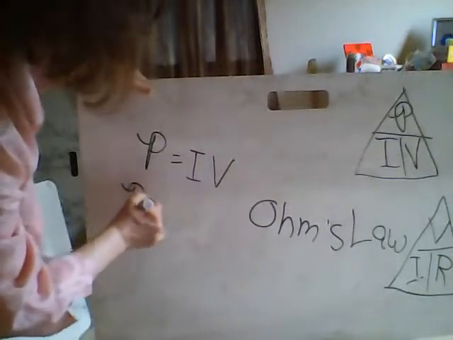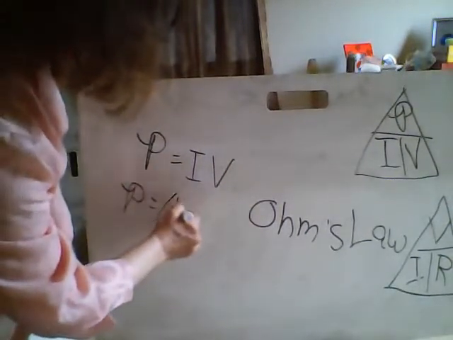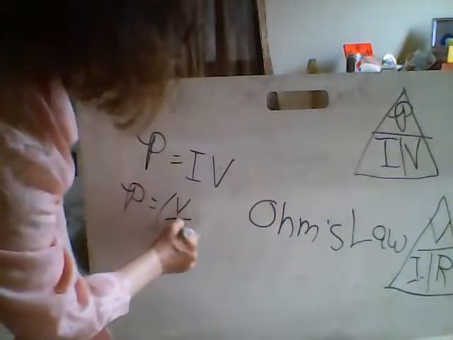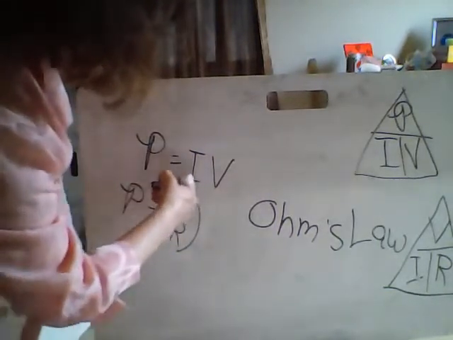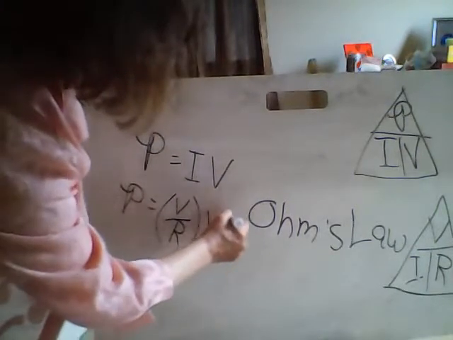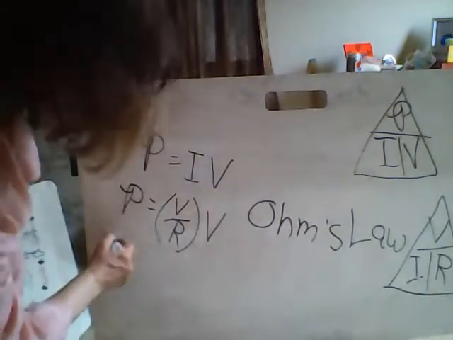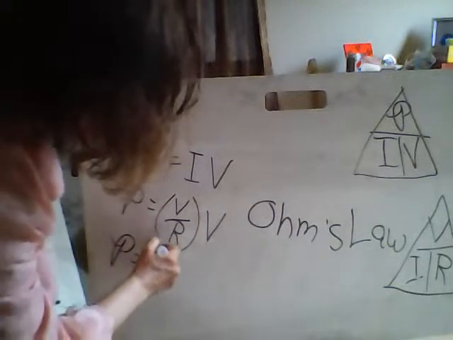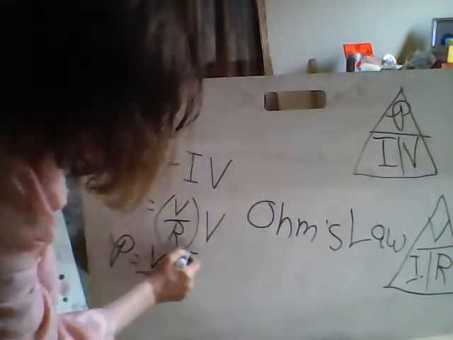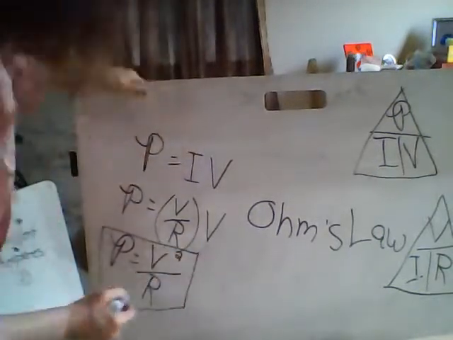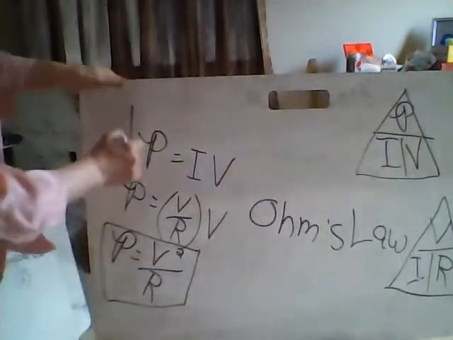So for power, we can substitute voltage divided by resistance, and we bring down the V for voltage. That gives us V squared over R. So this is one way that we can find power. This is another.